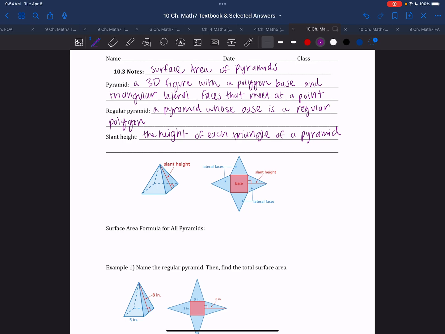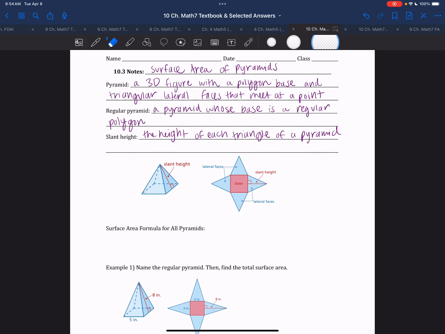Okay, so this lesson focuses on the surface area of pyramids. So we have learned how to find the surface areas of cylinders and prisms. Now we are going to focus on surface areas of pyramids. So in other words, how much space does this cover? Okay.